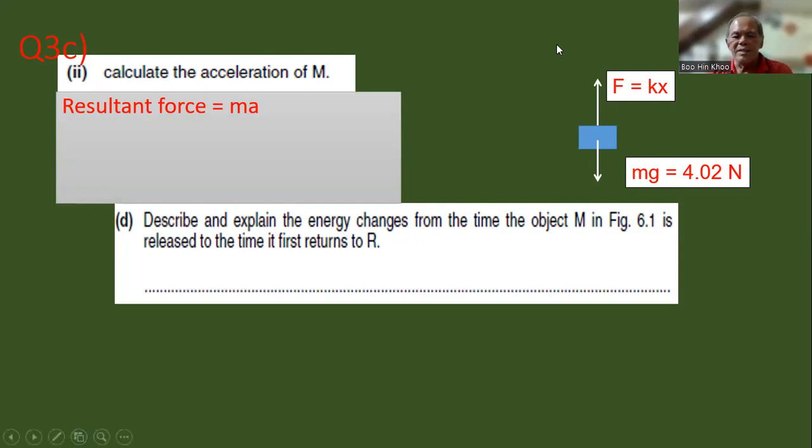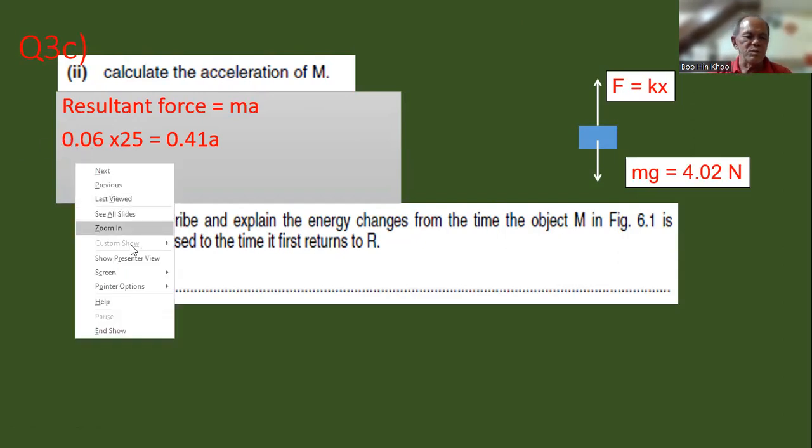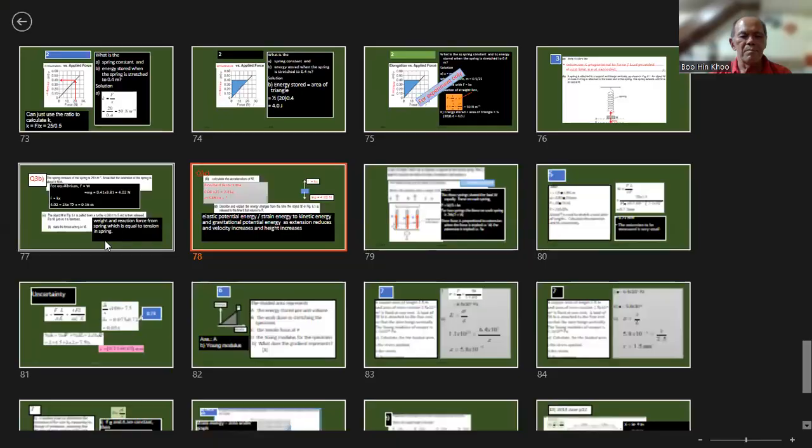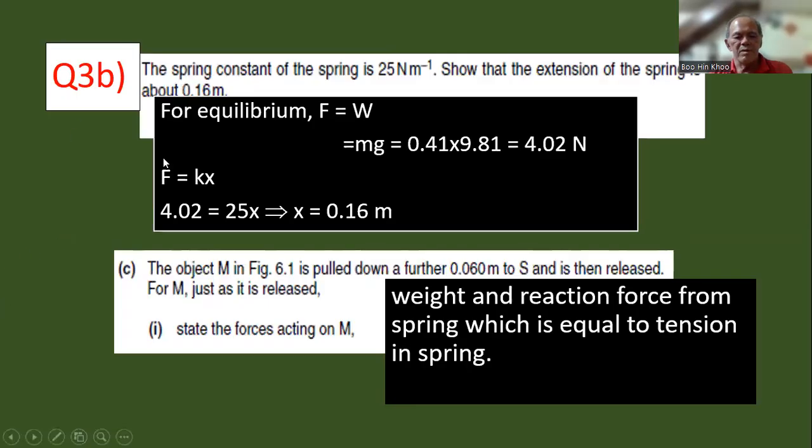So in this case, our F is greater than the weight. Okay, we pull it down to 0.06 meter.